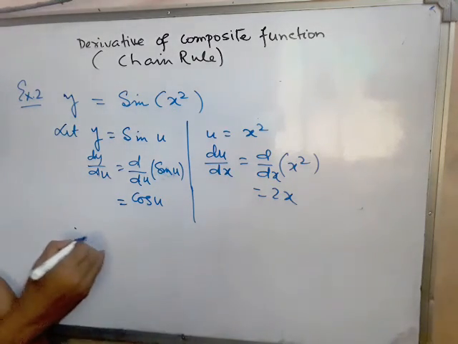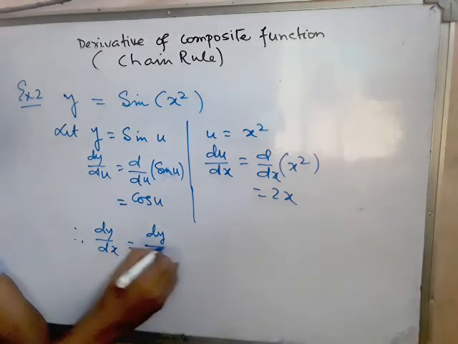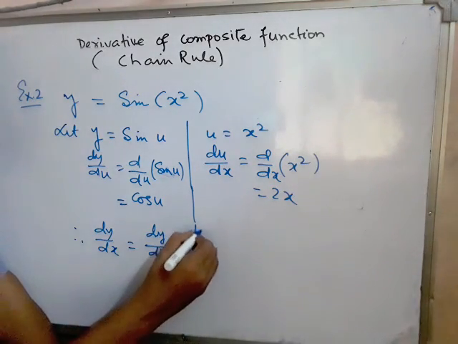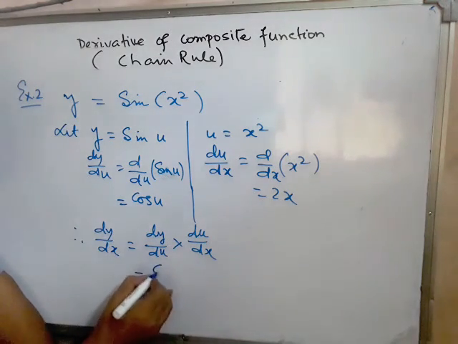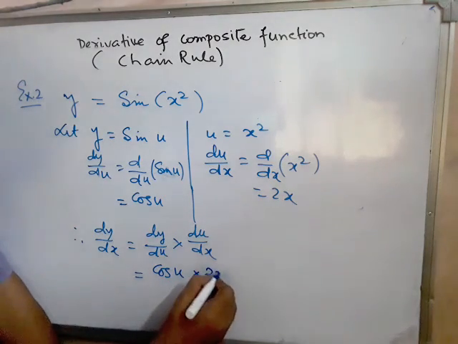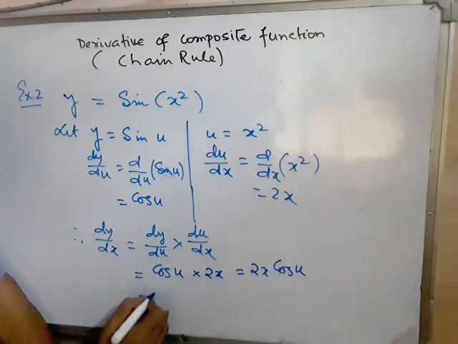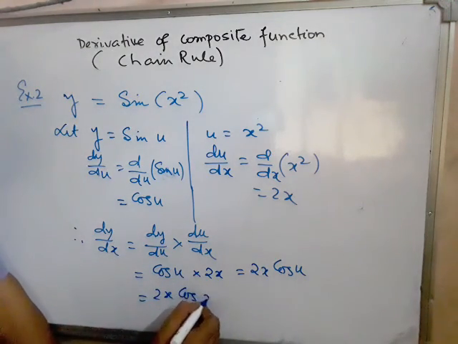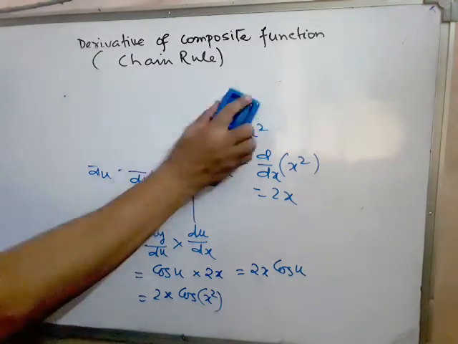Finally dy by dx equal to dy by du into du by dx. dy by du answer cos u, and du by dx answer 2x. Final answer 2x cos u, that is 2x cos x square. So this is the answer. Example number 3.